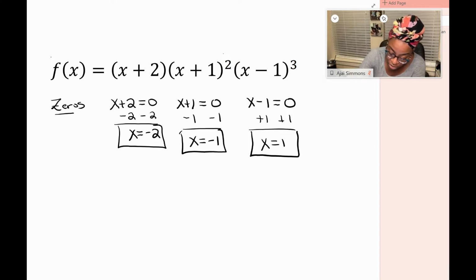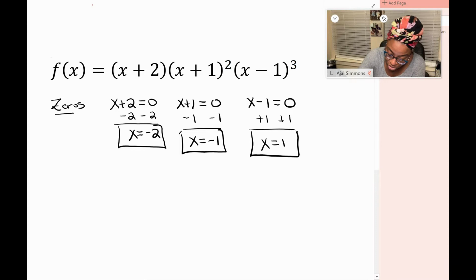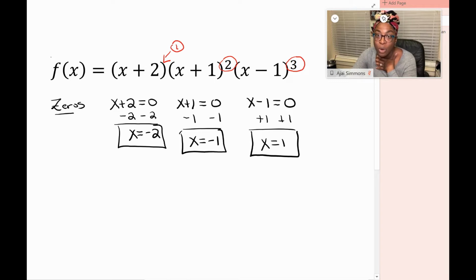If you notice on each one of these, I'm going to change color here. Let's make this red. There is a power attached to each one of these. This one has a 3. This one has a 2. This one doesn't have anything, but if you don't see anything there, you know that it's going to be a 1. So it basically has a power of 1.